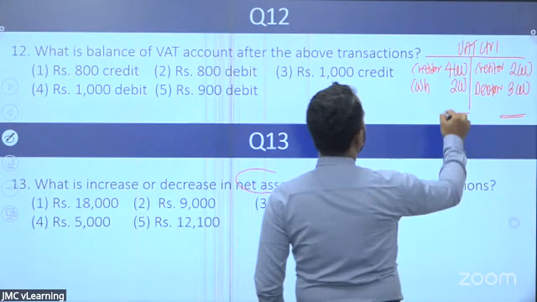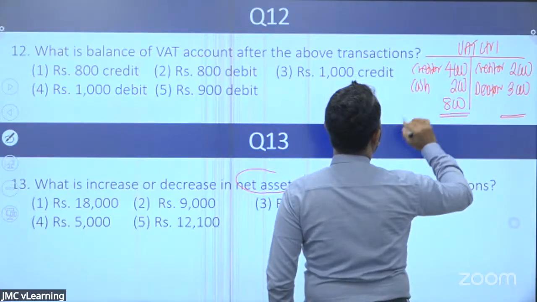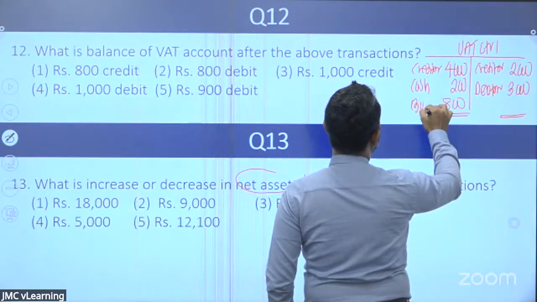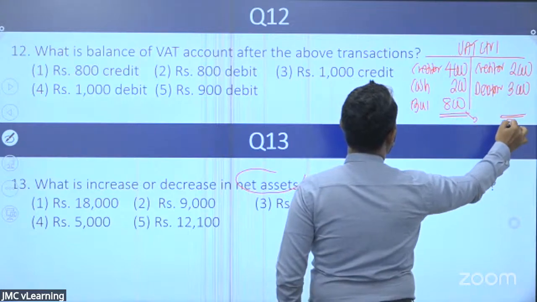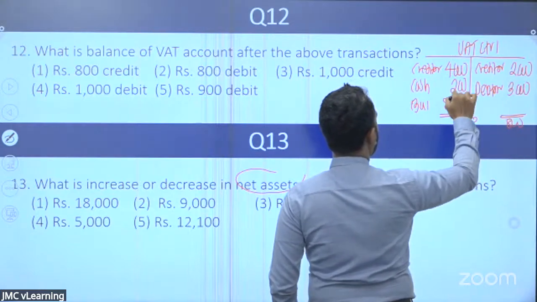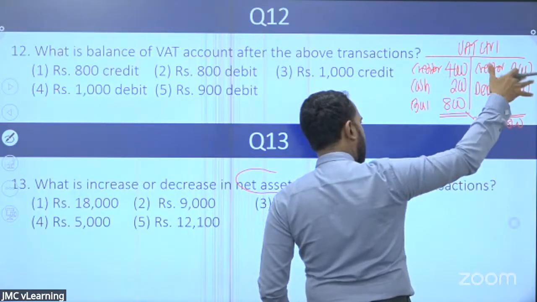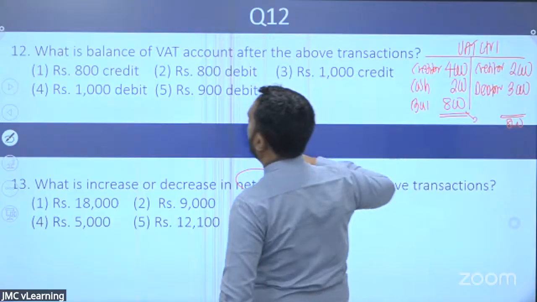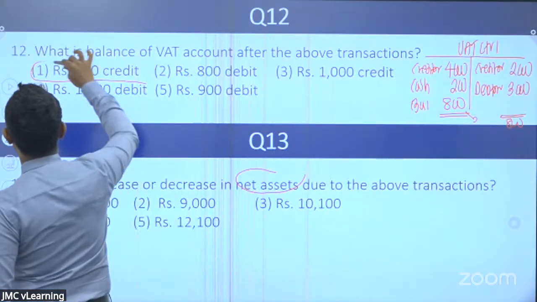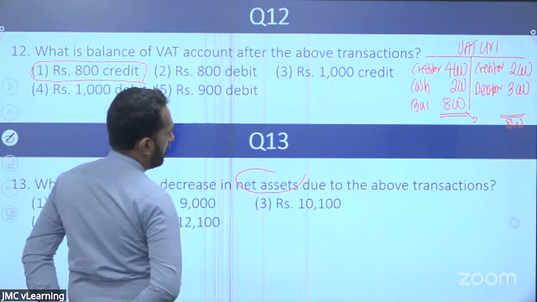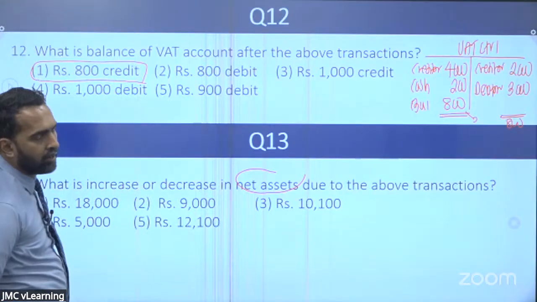We have an 800 rupee balance, which is a credit balance, not a debit balance. We need to look at the balance carried down, 800. So we have an 800 rupee credit balance.